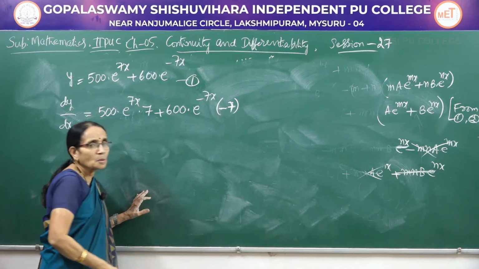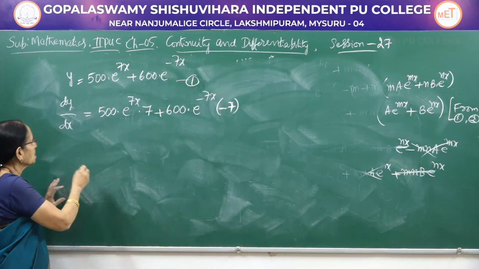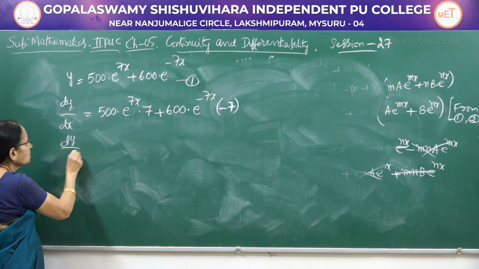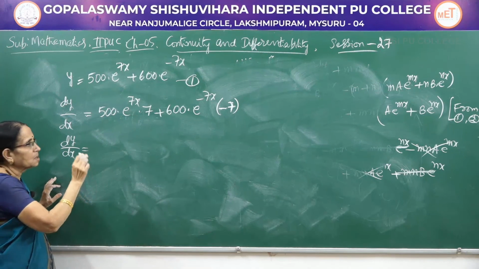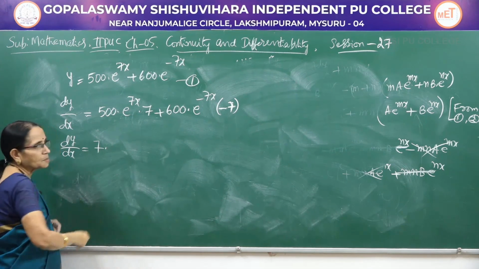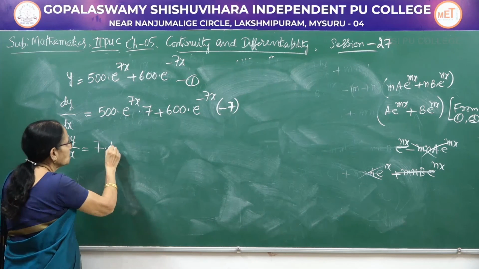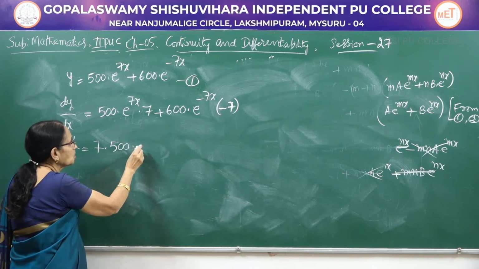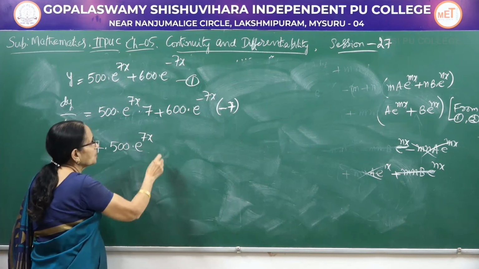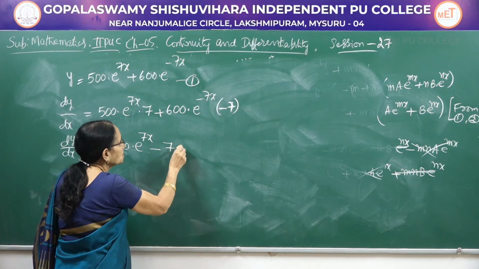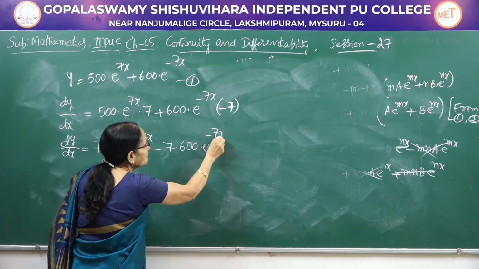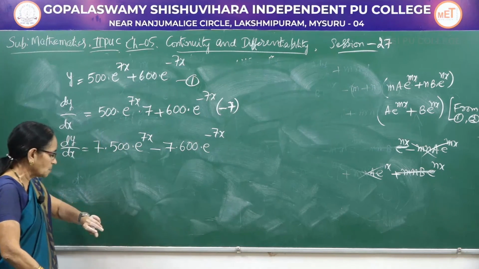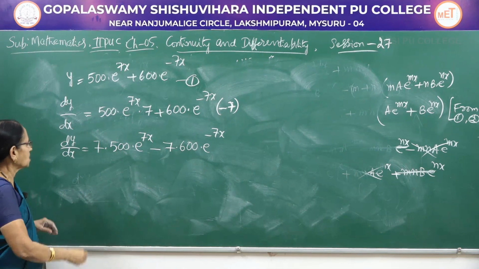That is, dy by dx would be equal to, don't multiply by 7, keep that 7 as it is, okay? 7 into 500 into e to the power 7x minus 7 into 600 into e to the power minus 7x.